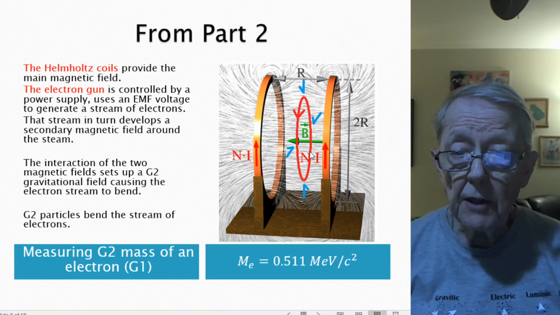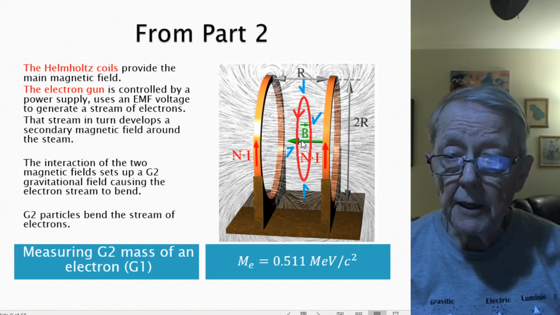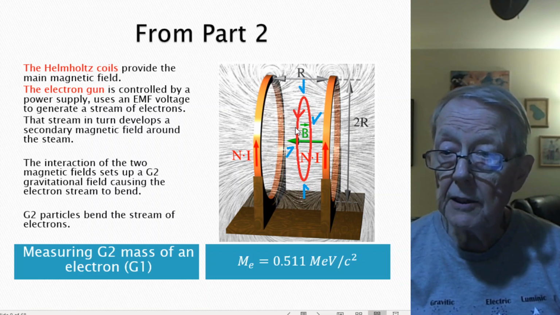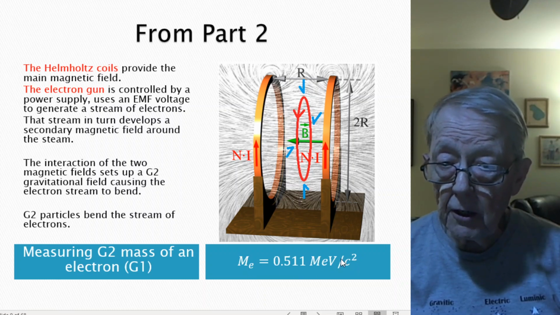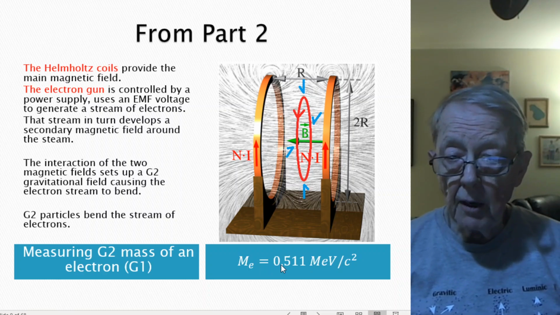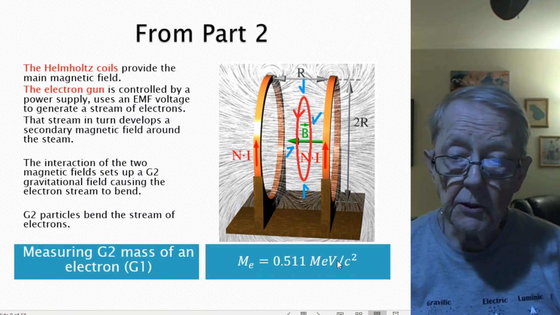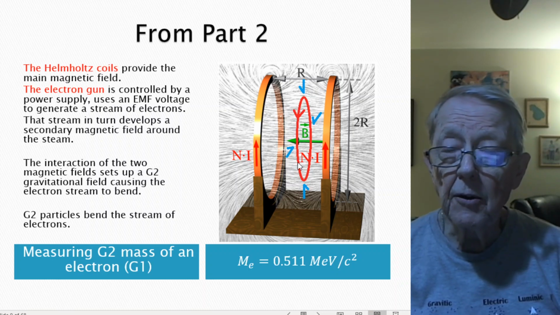Unfortunately, in the videos, I point out the fact that they explain it in terms of kilograms. The mass of the electron is in kilograms. I prefer this one, because this expression for mass, 500,000 electron volts per c squared, is more related to how they're measuring it than kilograms.